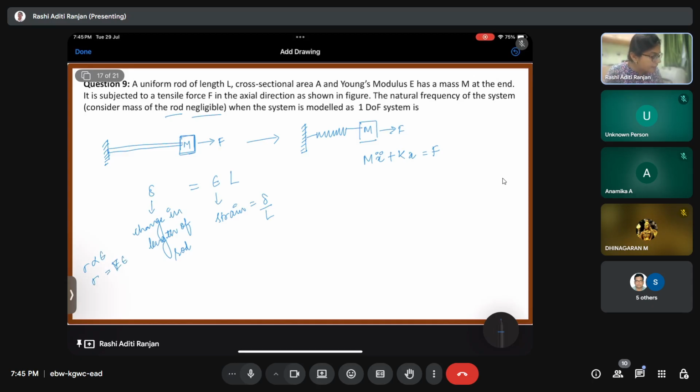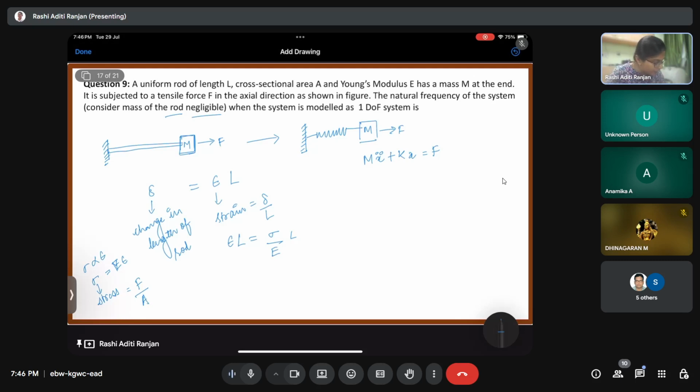So now I can write this as sigma by E into L. Sigma is stress, which is force by cross-sectional area.